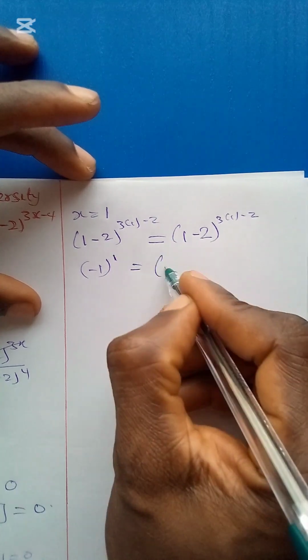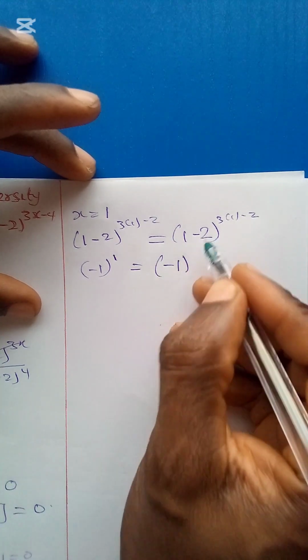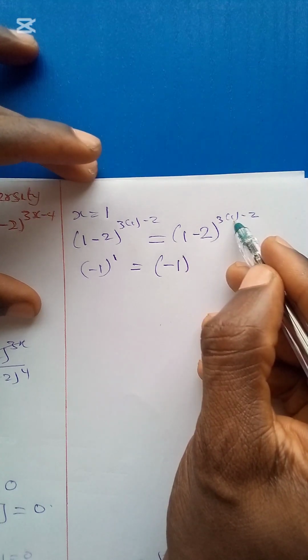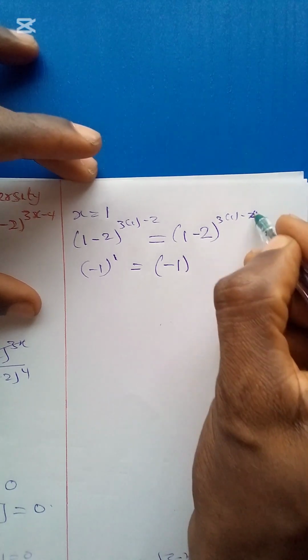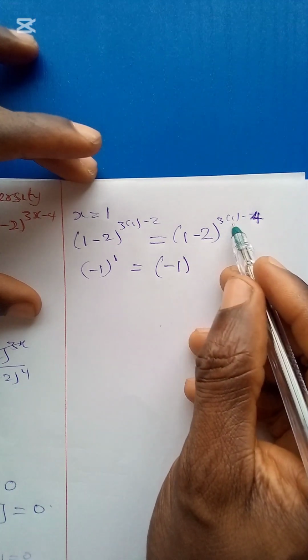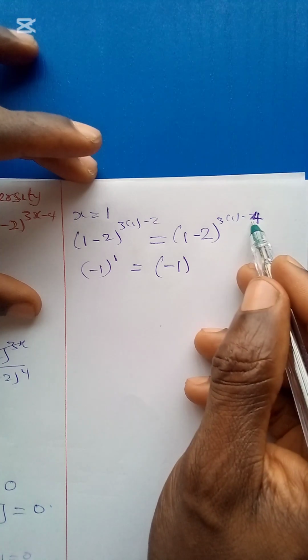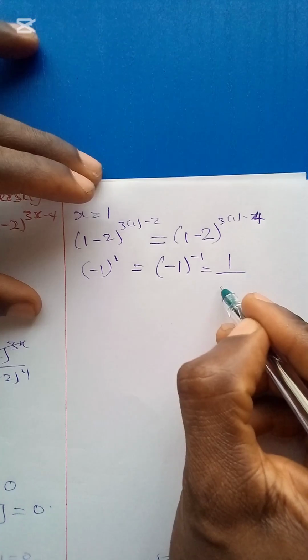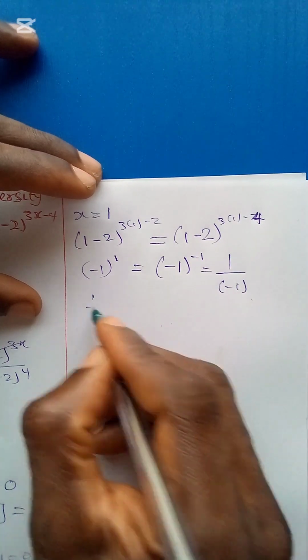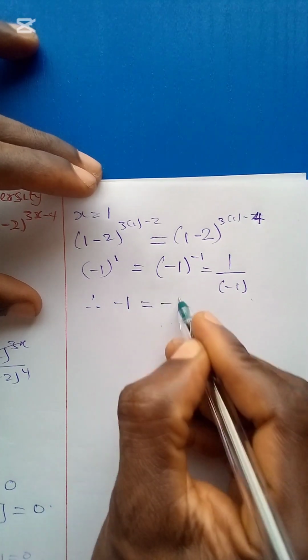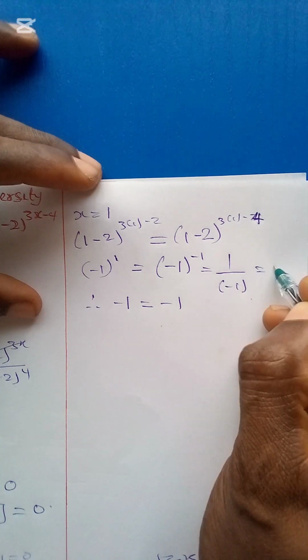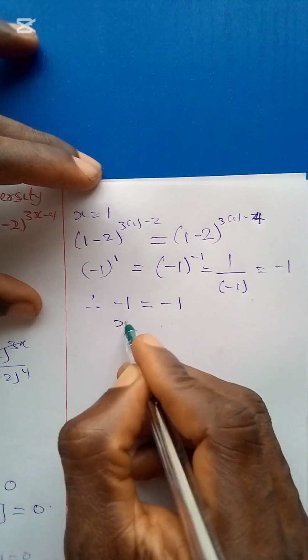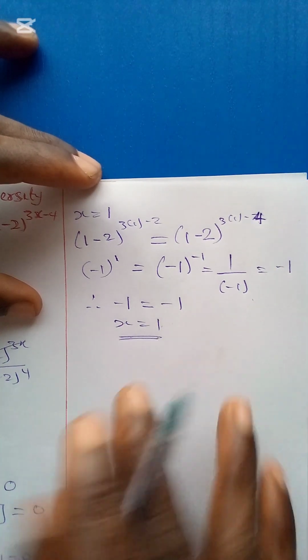On the other side, 3 times 1 is 3, and 3 minus 4 is minus 1. This can be written as 1 over minus 1. Therefore, minus 1 is equal to minus 1, because 1 over minus 1 is still minus 1. So x equals 1 is a solution.